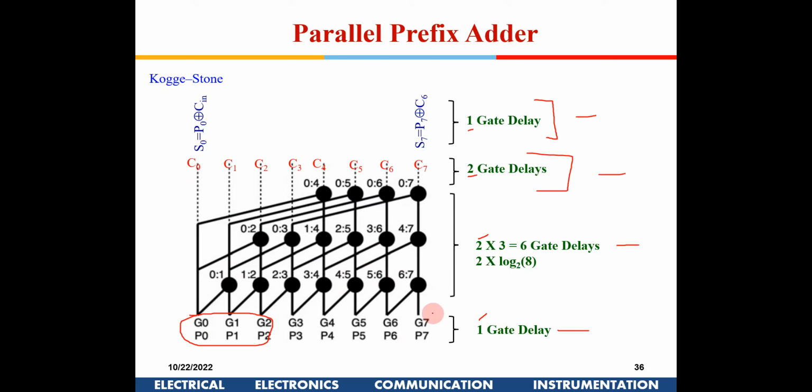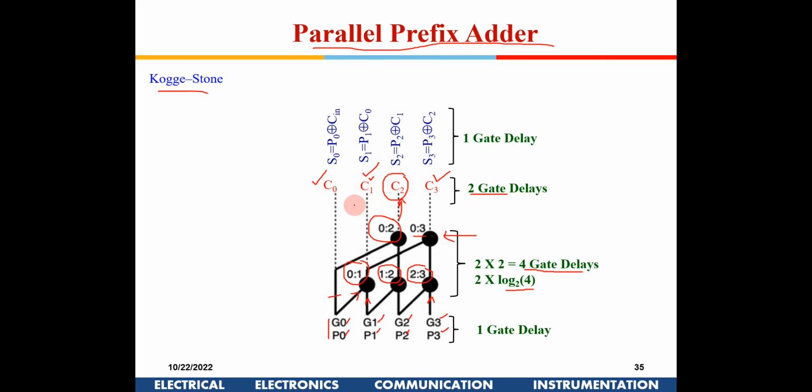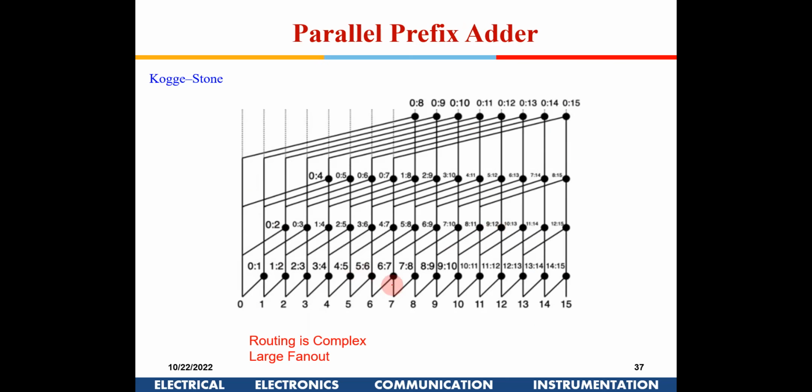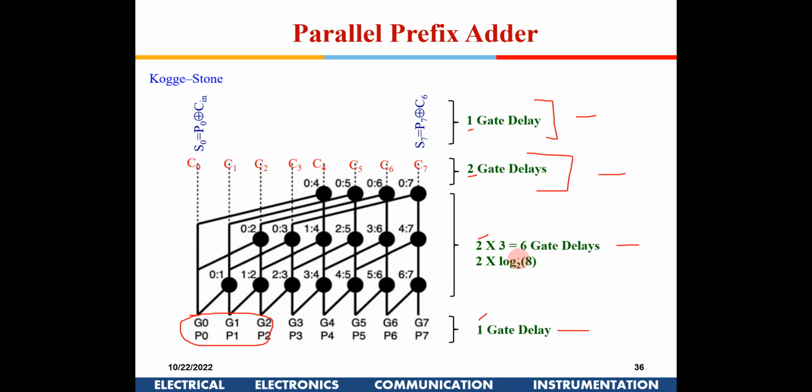Now this is what we did right now. If you increase the number of bits from 8 to 16, only 2 more gate delays will be added, correct. It will amount to one more row.